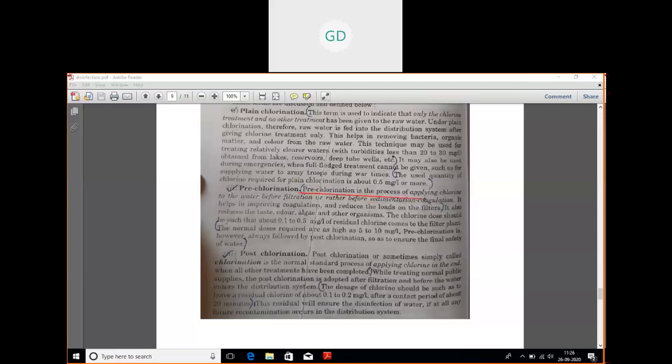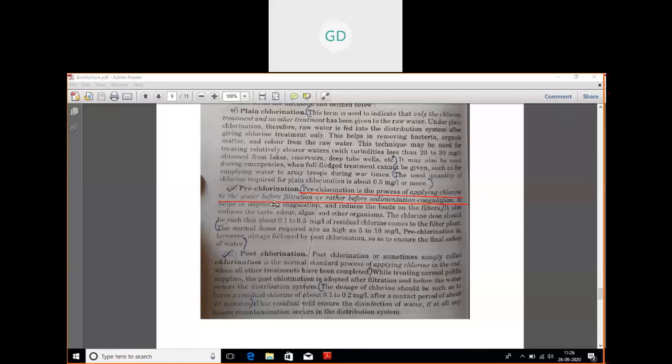Pre-chlorination is the process of applying chlorine. From the name itself, it is pre, that means before. So pre-chlorination is the process of applying chlorine to the water before filtration, or rather before sedimentation aided with coagulation. When chlorine is added to the water at that stage, it is known as pre-chlorination.